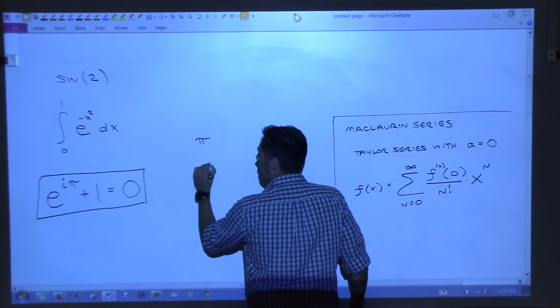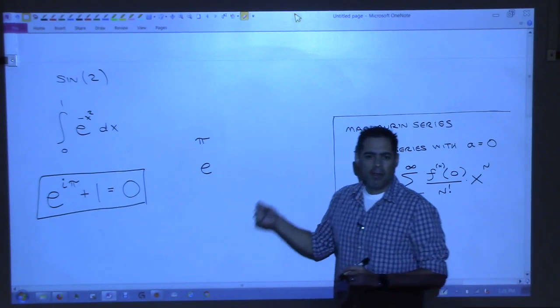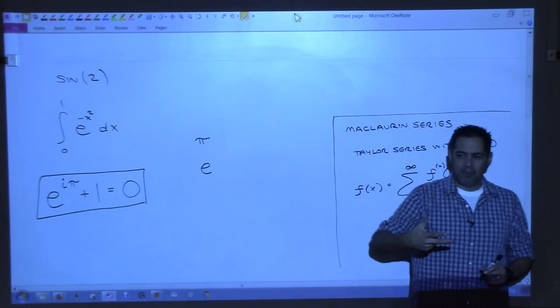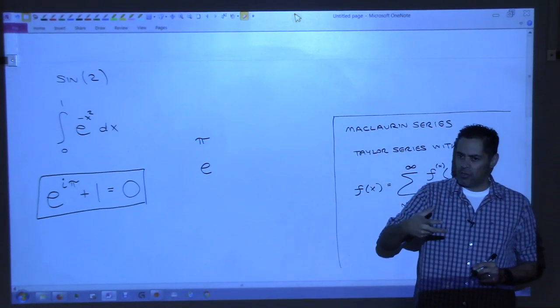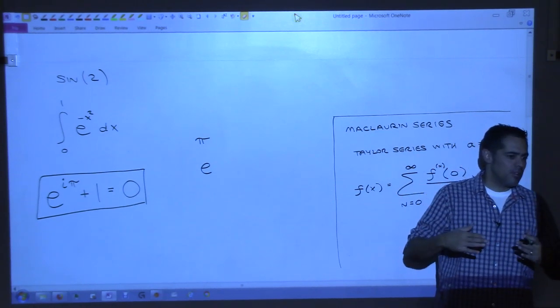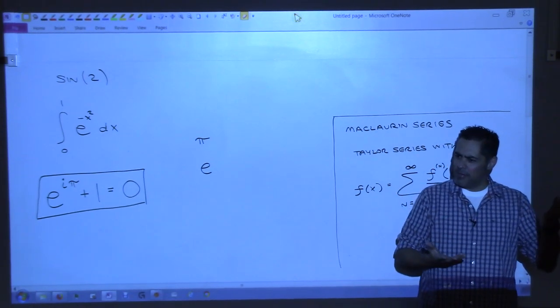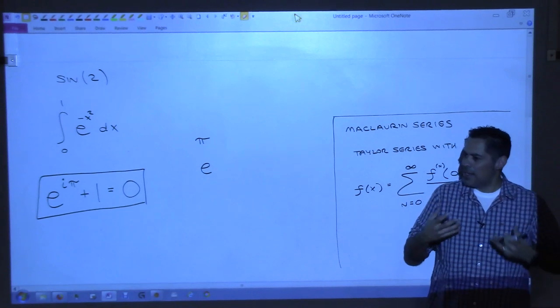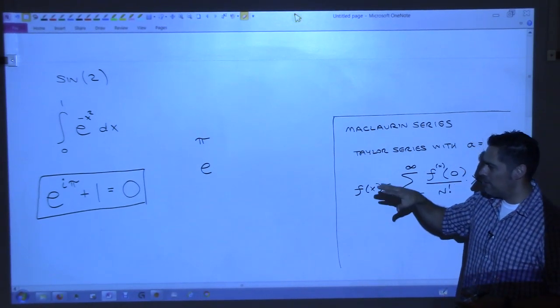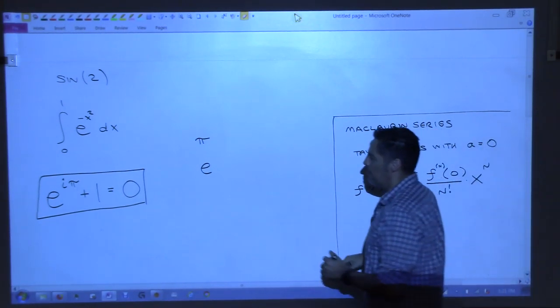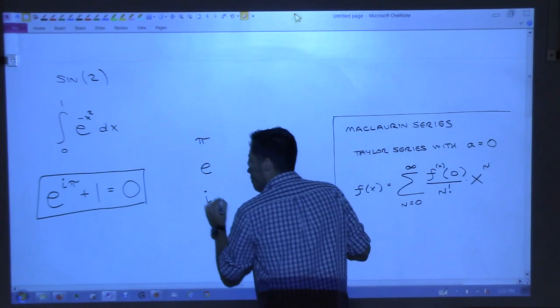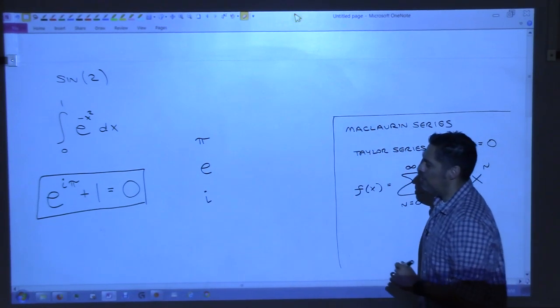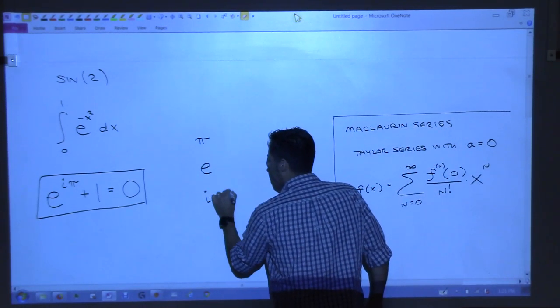We also know e is an important number because e to the x is the exponential function, the natural exponential function. That's the only function that is its own derivative, right? e to the x. So we know e is an important number, 2.718 something. What about i? That's the imaginary number, isn't it? That's the square root of -1.